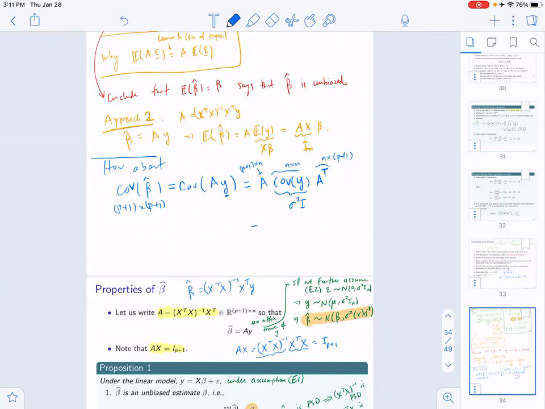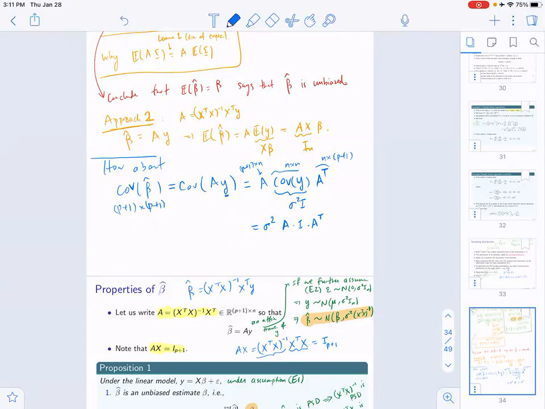So how can I simplify this? The scalar I can pull out, since a scalar just moves around freely. I get A times the identity times A transpose. Can you get rid of the identity somehow?